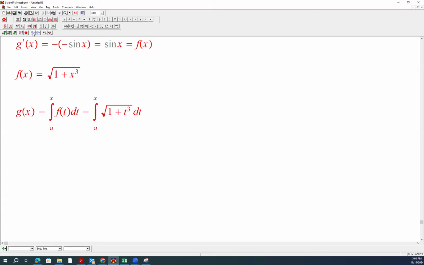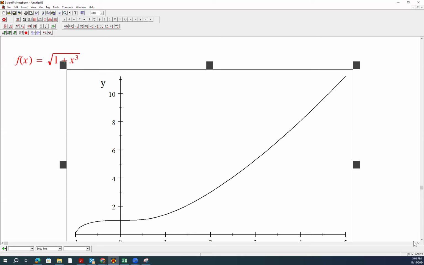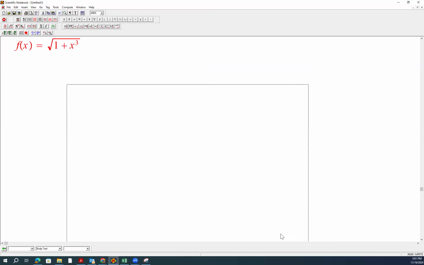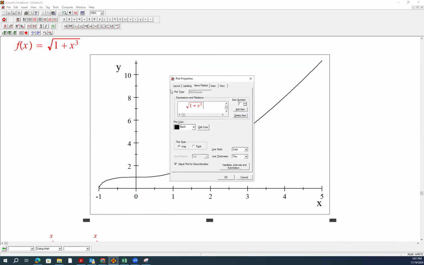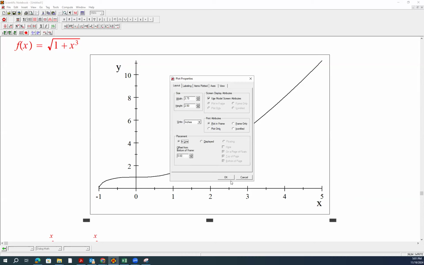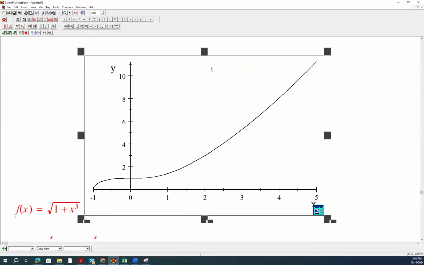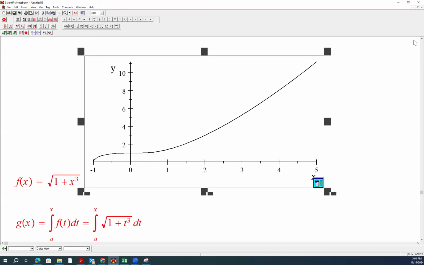So if we make a picture, this is the graph of the function. Suppose I choose an a here. This is a.